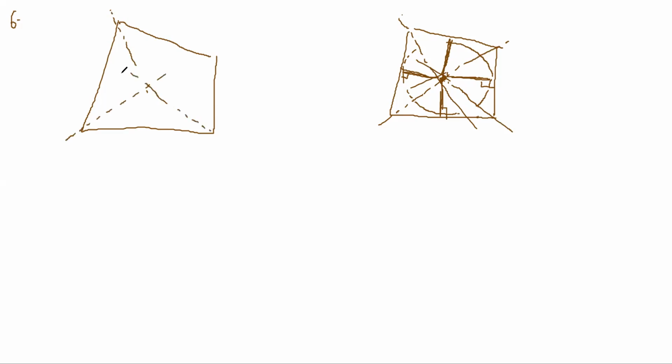Maybe take 3 of them passing through and then prove that the 4th one also passes. So 3 internal angle bisectors, but that's not necessary. That's the incircle of that triangle.